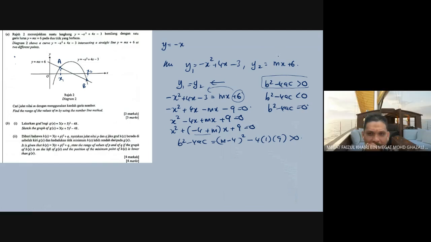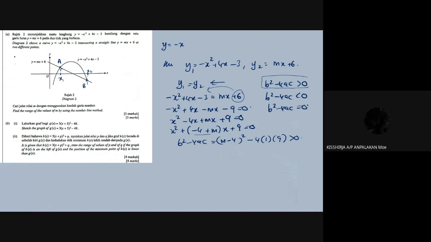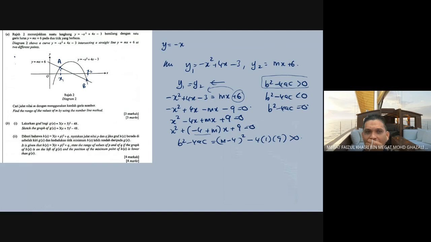Yes. Okay. B squared minus 4ac less than 0, the graph did not intersect or touch the x-axis at all. And b squared minus 4ac equal to 0 means that it touches at 1 point.